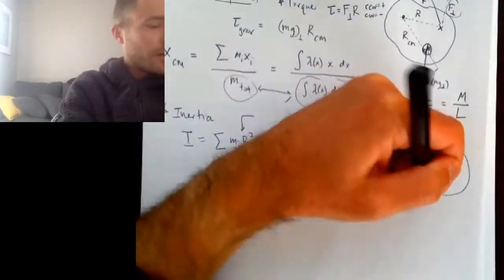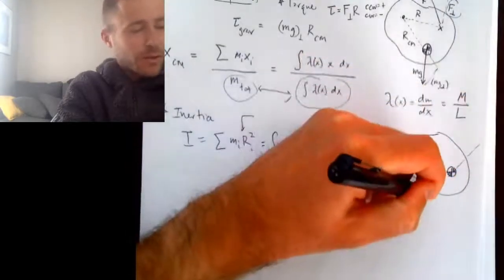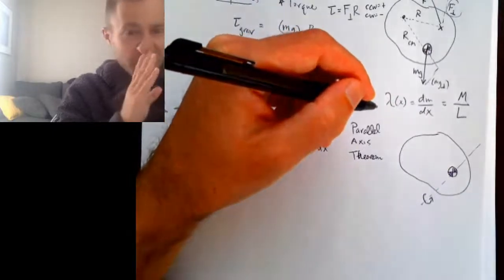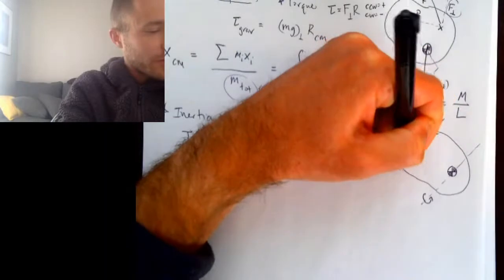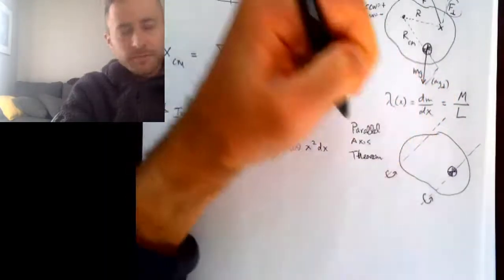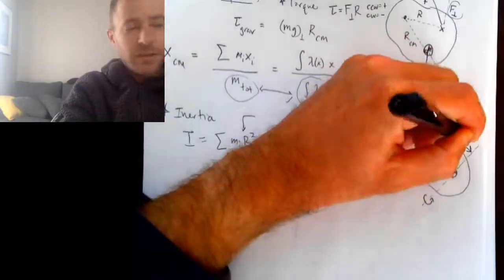You have some axis of rotation that goes through the center of mass. You have a parallel axis of rotation over here that is not going through the center of mass. The distance between those two axes is d.